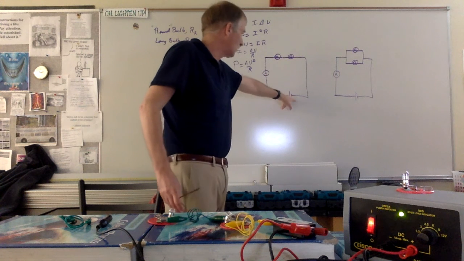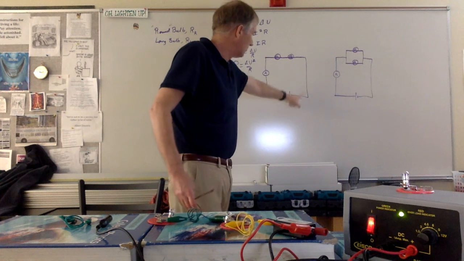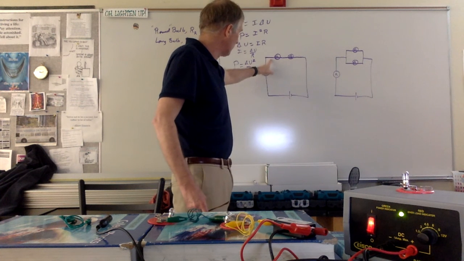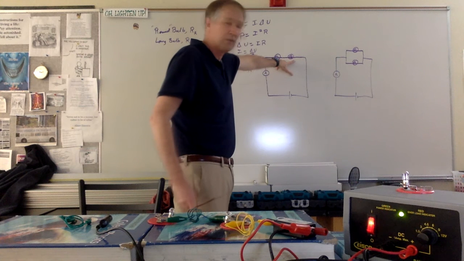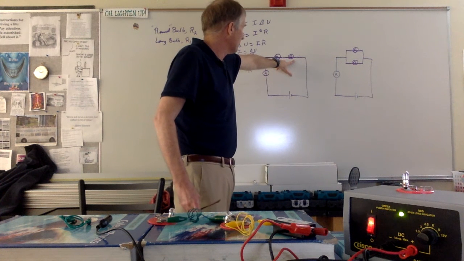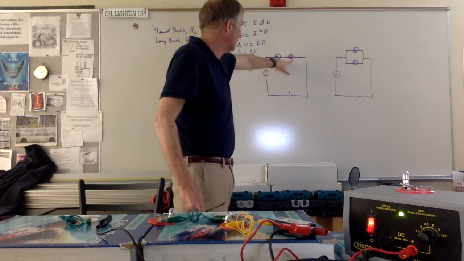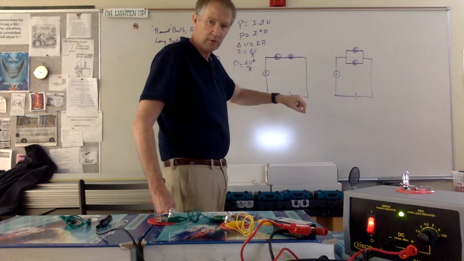You haven't changed the overall voltage. If this is 1.5 volts and that's 0 volts, the voltage available, the energy available, is the same overall, but you've increased the resistance, and so you've dropped the current.